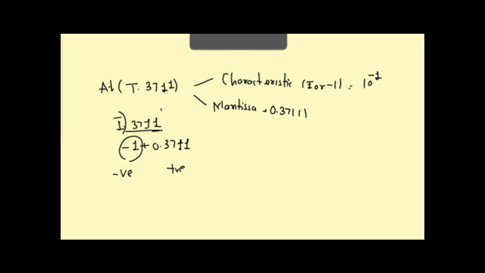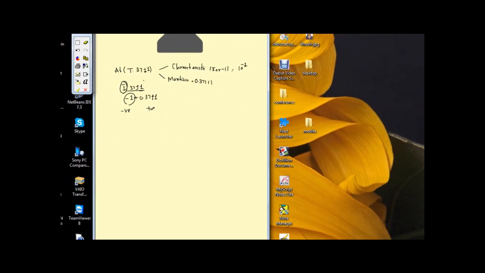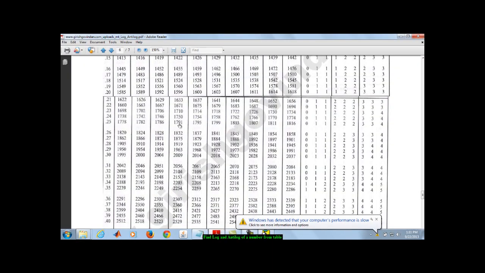Right? To find the mantissa part of 0.3711, we have to go and look in the antilog table.